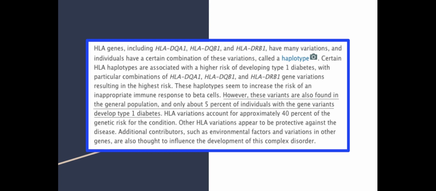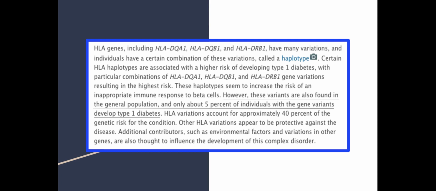So in those variants associated with type 1 diabetes, which are called haplotypes, right? The DQA1, the DQB1. There are certain haplotypes, or we'll just call them versions of the gene, that are associated with a higher risk of developing type 1 diabetes. Now, these versions seem to increase the risk of the inappropriate immune response against the beta cells, right?